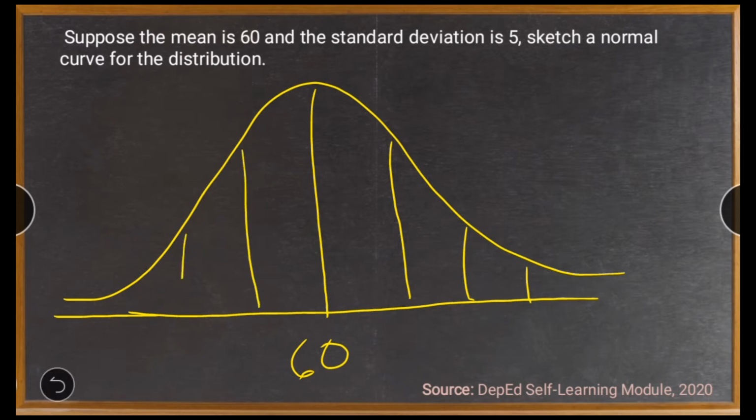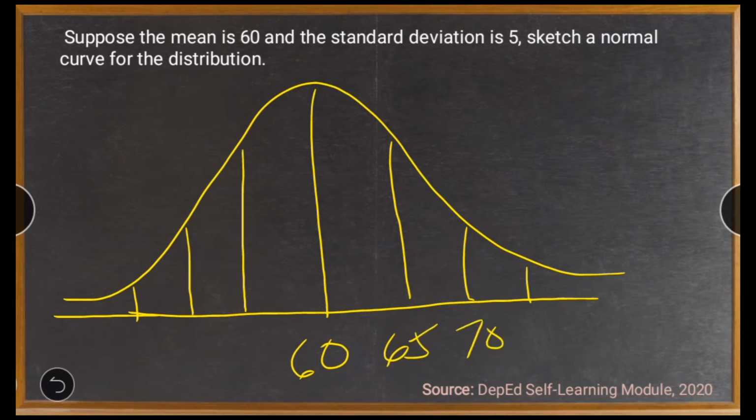Plus 5 is 65, 70, 75. 60 minus 5 is 55, 50, and then 45.